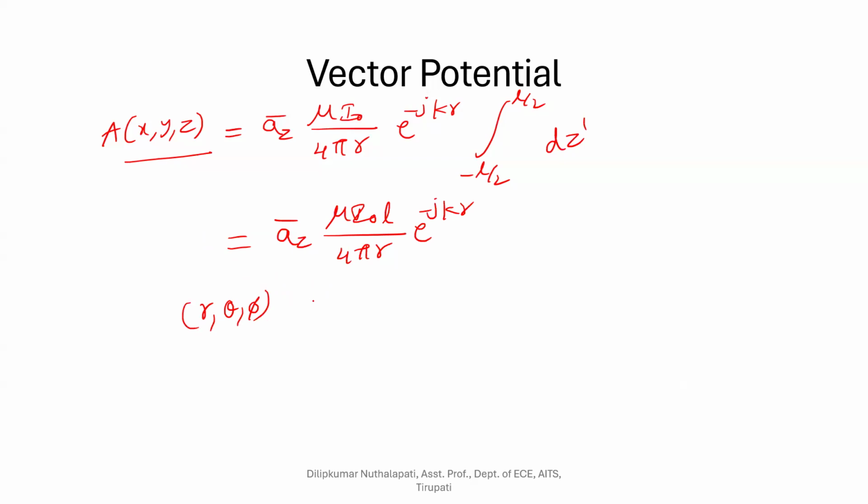So our first aim is to convert the vector potential into spherical coordinates. The resultant vector potential we can see here represents the potential only in the z direction.